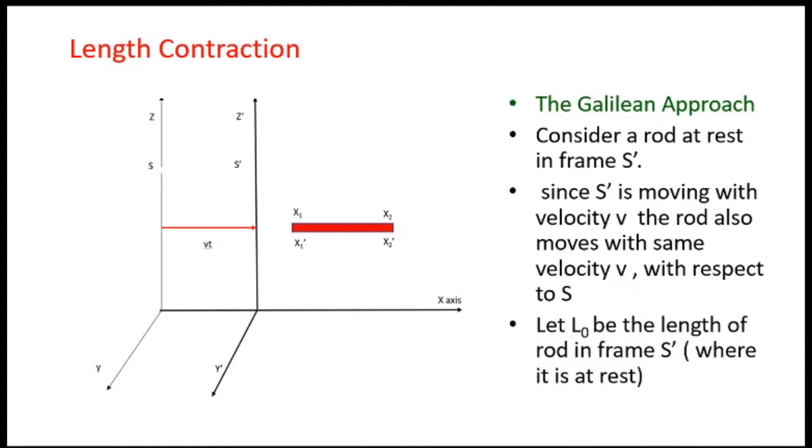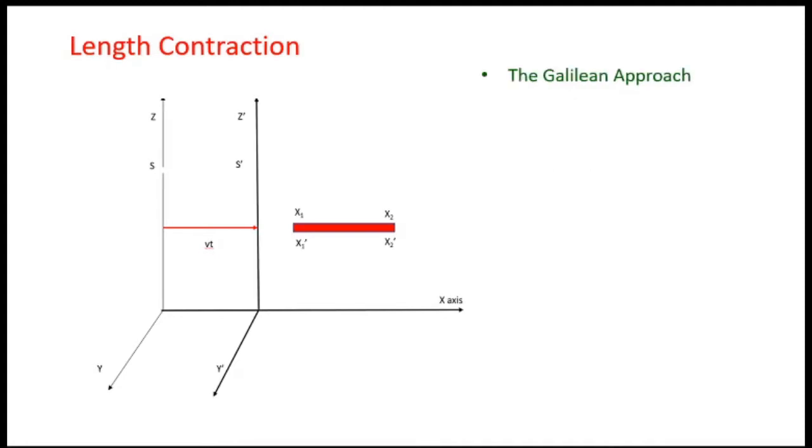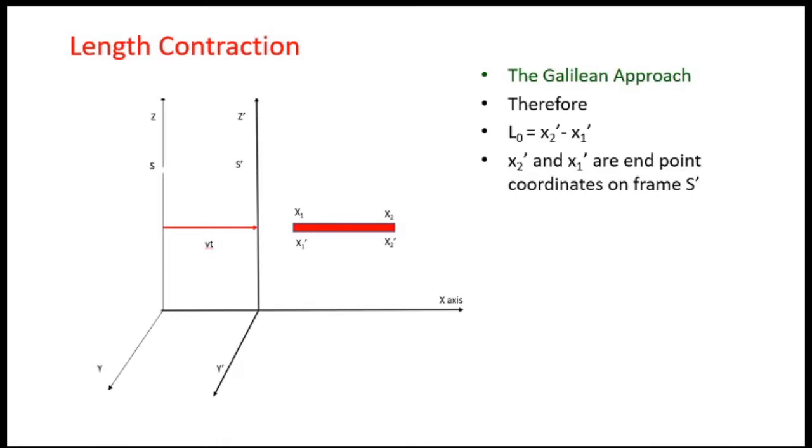Now let L0 be the length of the rod in frame S dash where the rod is kept at rest. So therefore we get that L0 is equal to x2 dash minus x1 dash, where x2 dash and x1 dash are the end point coordinates on the frame S dash.